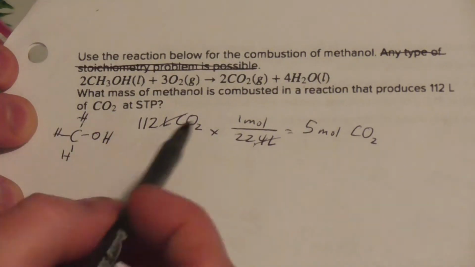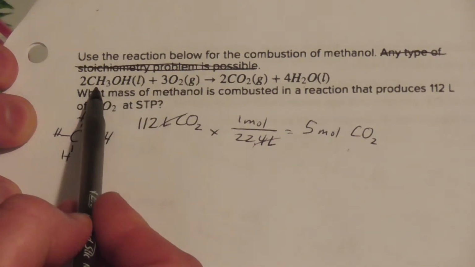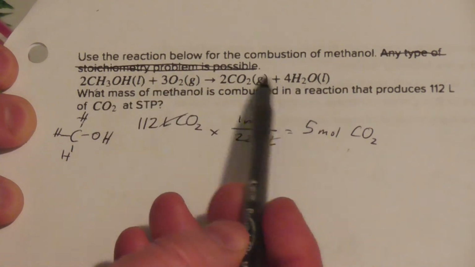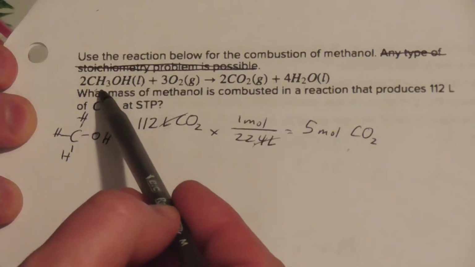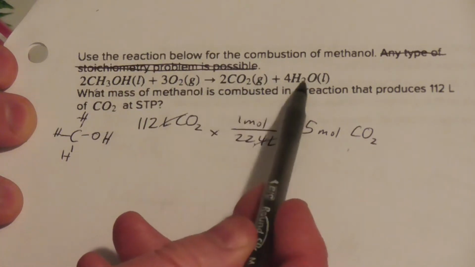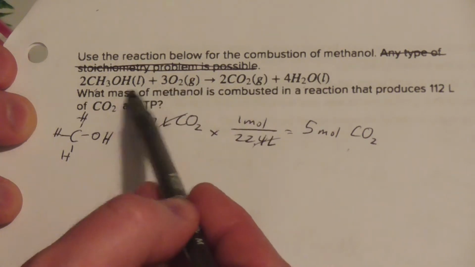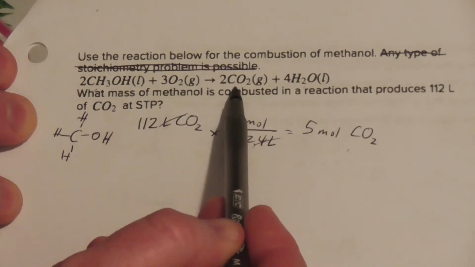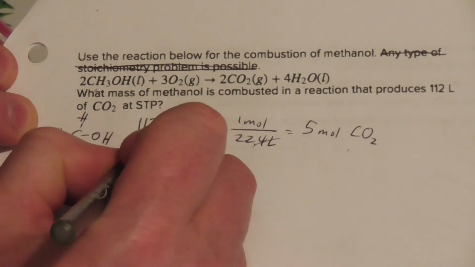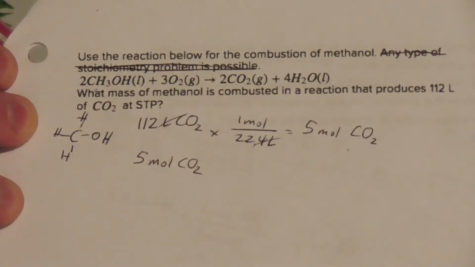Now what are we looking at? We're looking at carbon dioxide and we're looking at methanol. This works forwards, this works backwards. If I have 2 moles of methanol, I'm going to make 2 moles of carbon dioxide. You can do the reverse process. It takes some energy, but I can take carbon dioxide, combine it with water, and make methanol. If I have 2 moles of carbon dioxide, I'm going to make 2 moles of methanol. So, in this case, I have 5 moles of carbon dioxide.